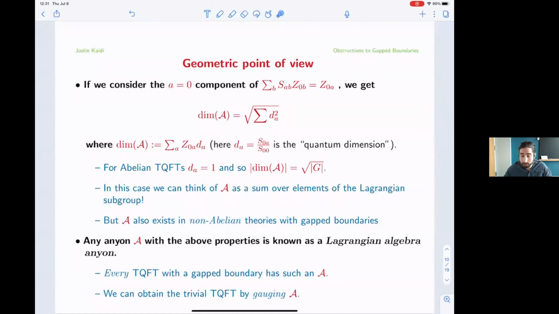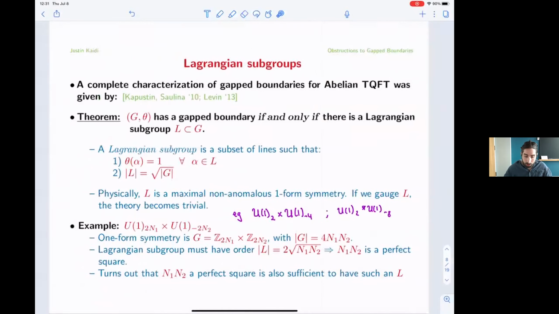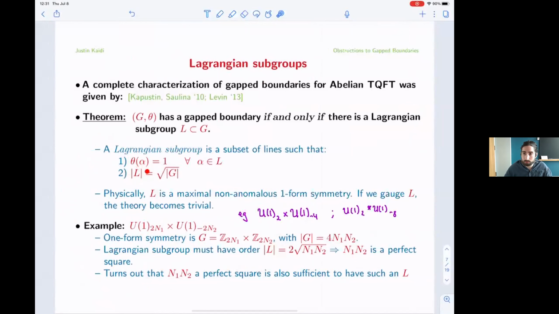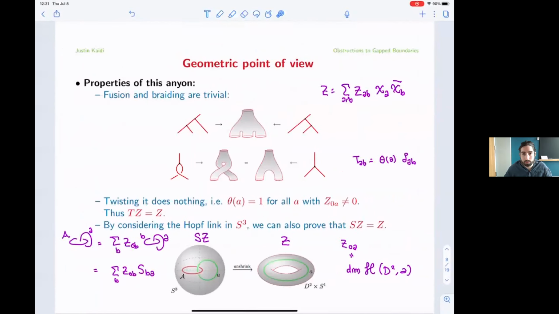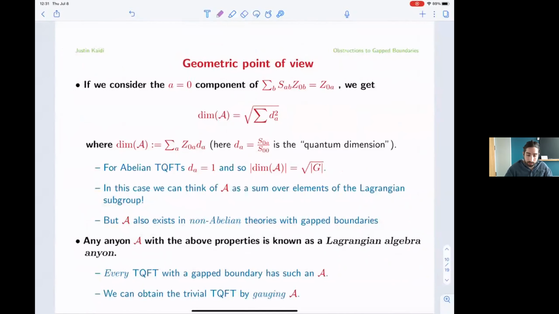At this point, this number should be sort of familiar. We recall something else which had size the square root of the order of G, and that something else was this Lagrangian subgroup. Remember, there was some Lagrangian subgroup which had size the square root of the order of G. So this suggests a relationship between the fancy A anion and the Lagrangian subgroup.